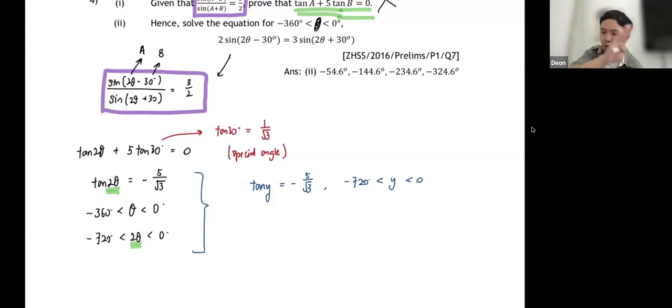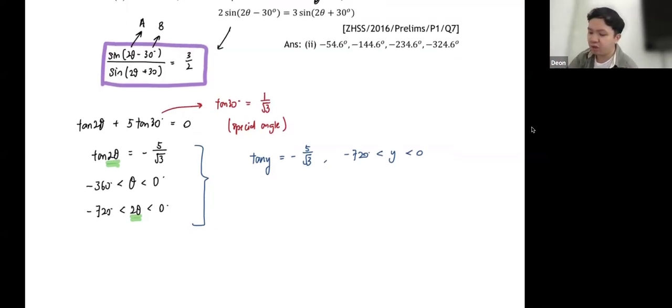How to go from what the question is? Where did you get negative 5? Bring the minus across. Tangent 30 is 1 over root 3, so 5 tangent 30 is 5 over root 3. Then bring it across. Okay, so let's go through the same steps that we did just now. Since tangent y is negative, y lies in the second or fourth quadrant.